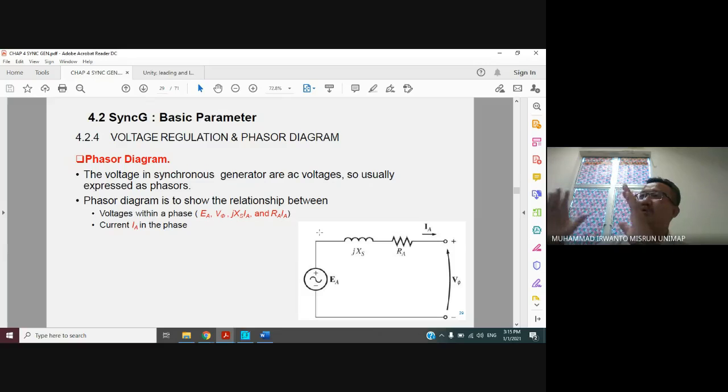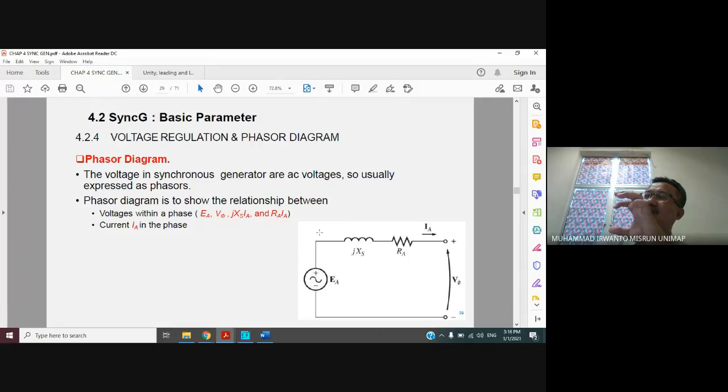Here we have some electrical variables. The first is the internal generated voltage, EA. We can call it the main source. And then the drop in the reactance, jXsIA, and the drop in the armature resistance, RAIA.